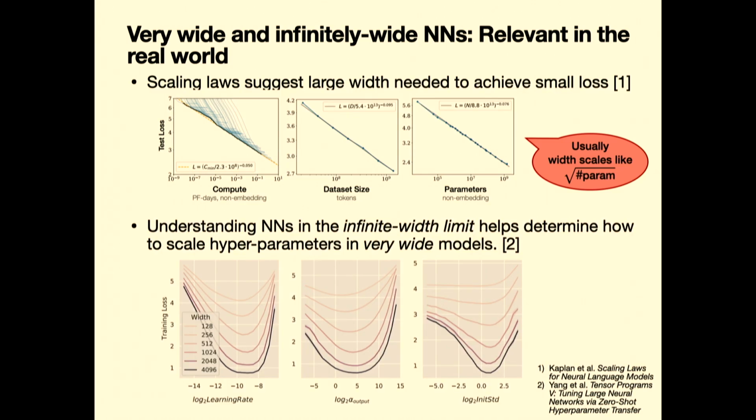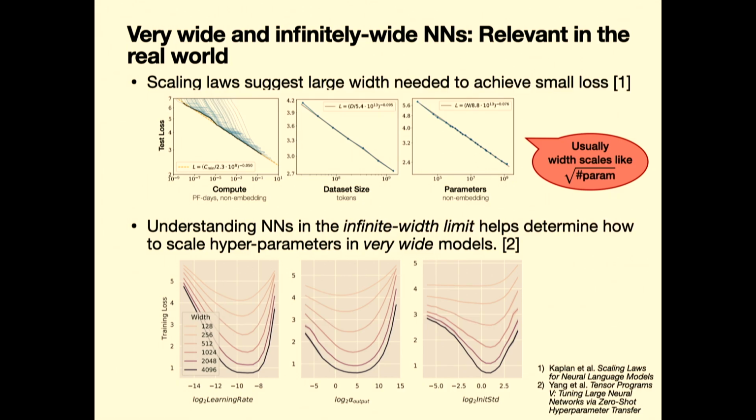Another reason we might care about infinite width neural networks is that understanding neural networks in the infinite width limit can help us determine how to scale hyperparameters in very wide models that are not actually infinite width but have finite width. So for example, Greg Yang showed in a series of work that there are certain parameters, like the learning rate or the scaling of the output layers of the neural networks, such that if we can find the optimum of that hyperparameter at a smaller width, that'll actually extend to the optimum of that parameter when we scale the width to be even bigger.